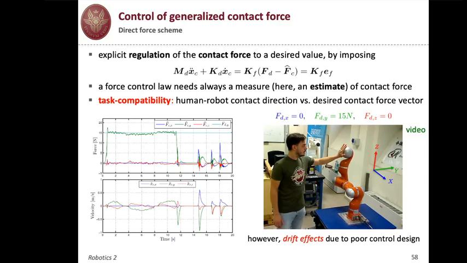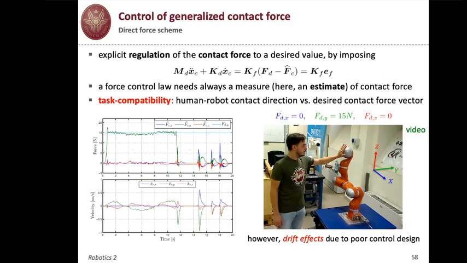So this means that if you're pushing in that direction, if you're pushing too little, the robot will come against you, and if you're pushing too much, it will go a little bit back until it regulates to 15 Newton. In the other direction, there's no desired force and no force applied either, so nothing will happen. And this is what happens in the first phase.